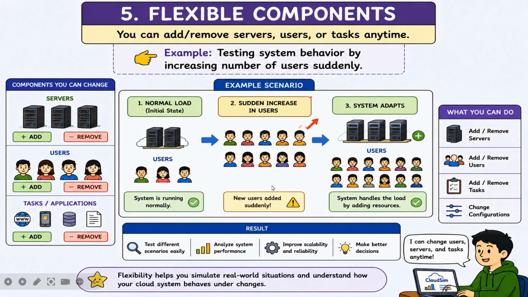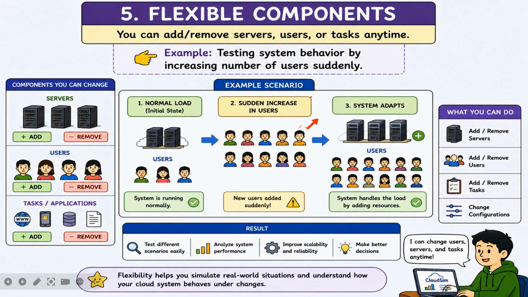Now here in the center, in the first stage, the system is running under normal load with small number of users and the servers. Okay, here. Now what happens in the second stage?